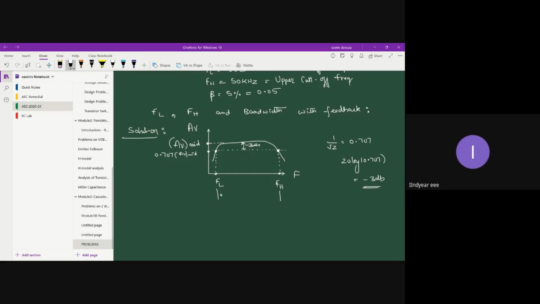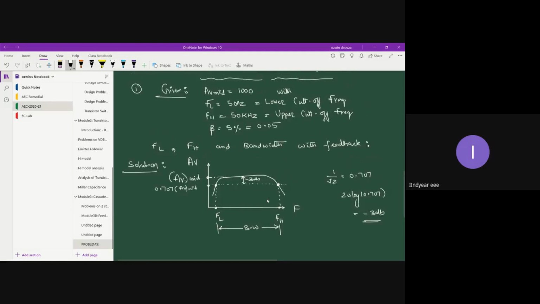The difference between FH and FL is called the bandwidth. So in this problem, what you are supposed to find is the lower cutoff frequency, upper cutoff frequency, as well as bandwidth, with feedback and without feedback.